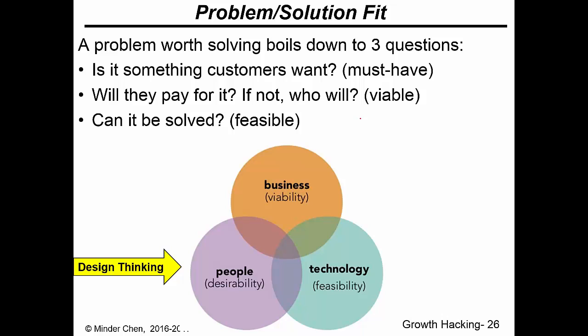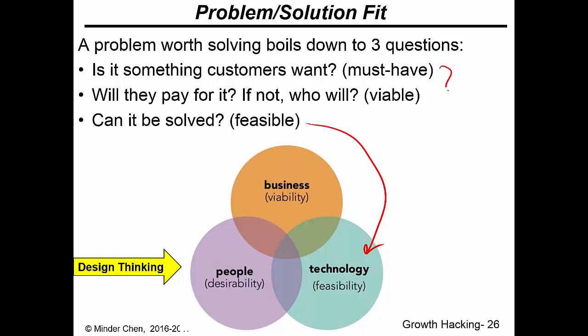And third and the last is, can this problem be solved, which ends up being related to the technology side of the issue. And we try to find out the feasibility of the proposed product and service from the technical viewpoint.